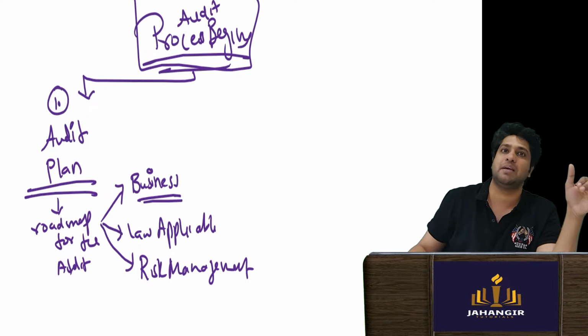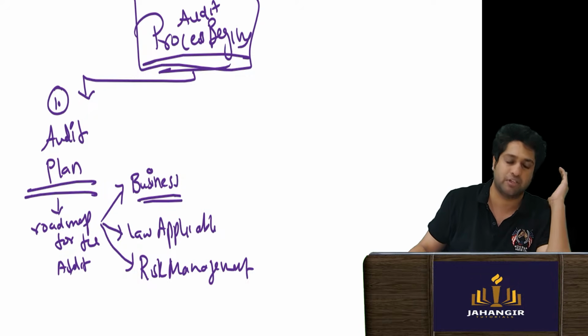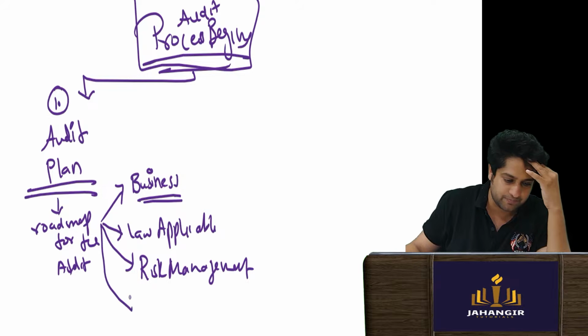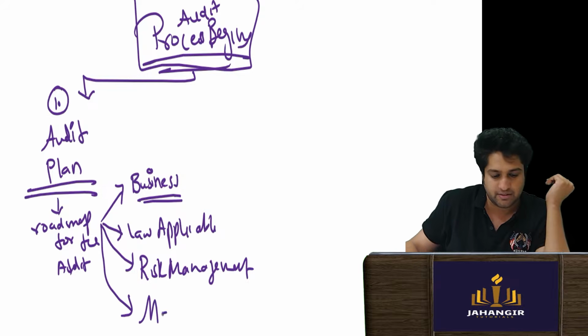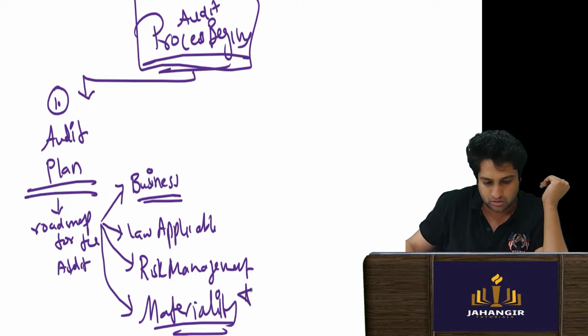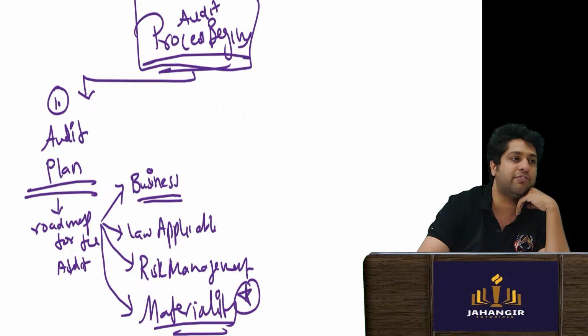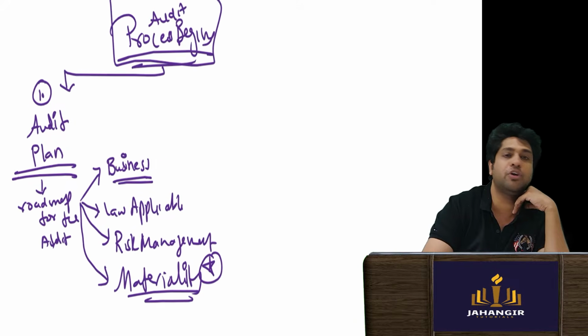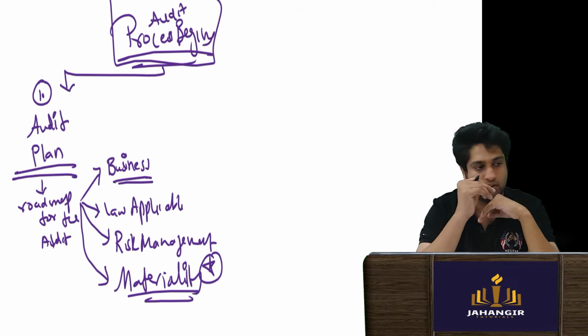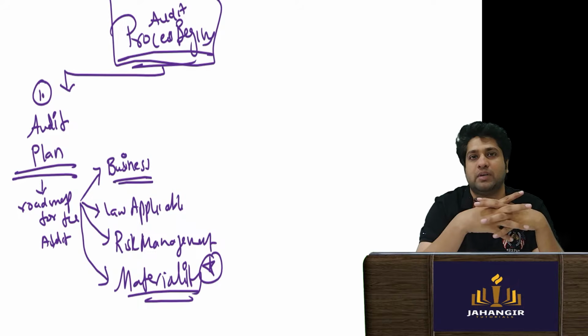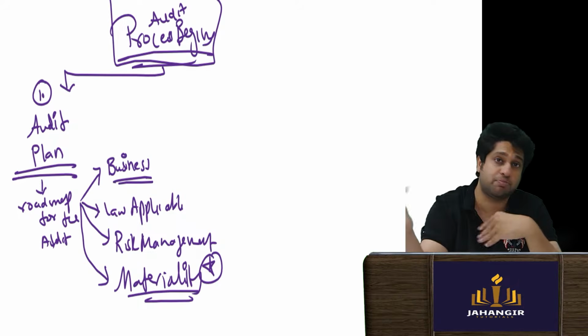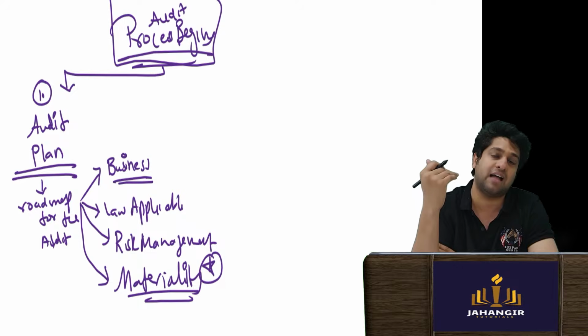Though they show losses, in reality they are making huge profits. Then next comes materiality, which is extremely important. I don't know whether you all know the meaning. Materiality is that financial limit where the opinion of the auditor will change. For example, in your examination, 50 is passing, 49 average is considered fail.